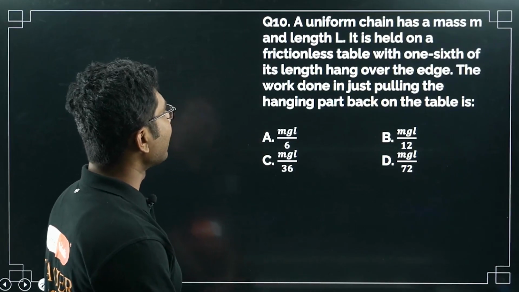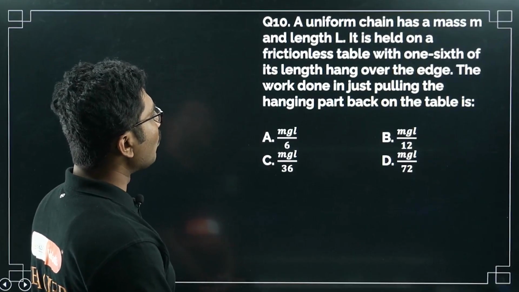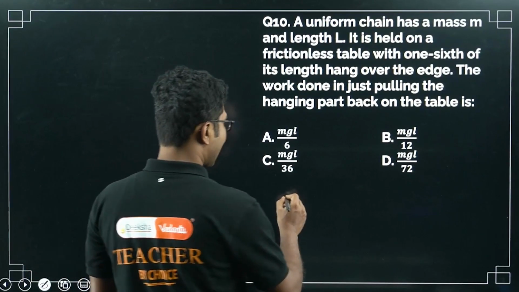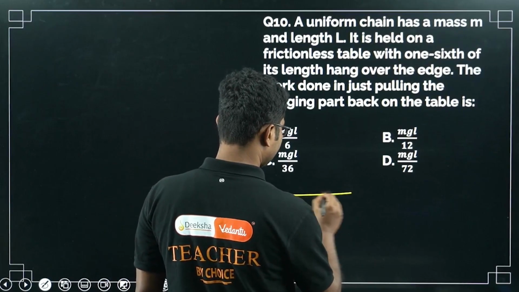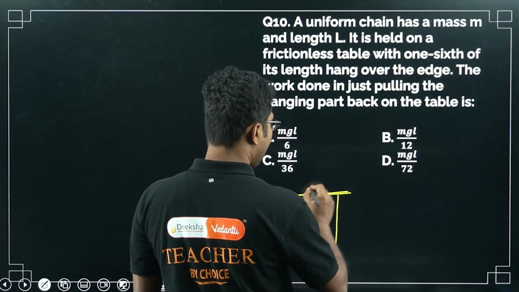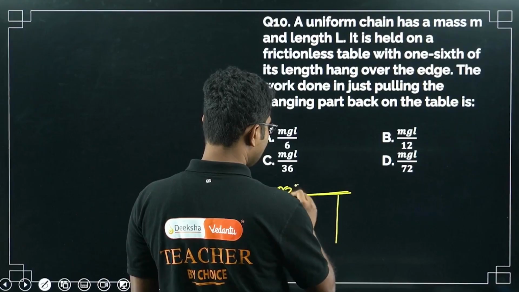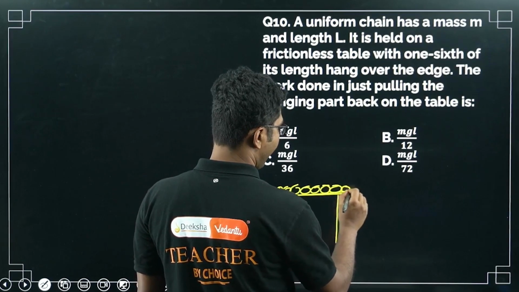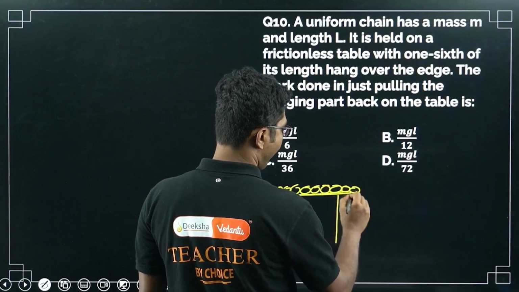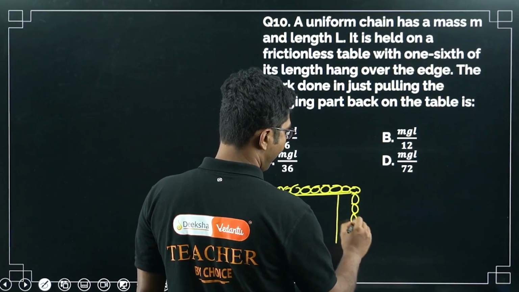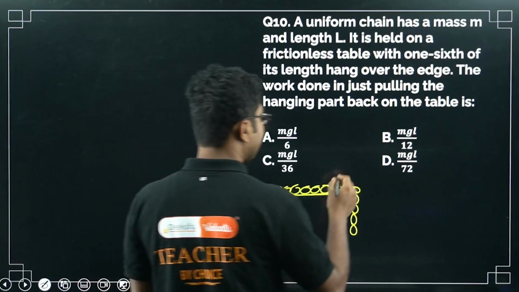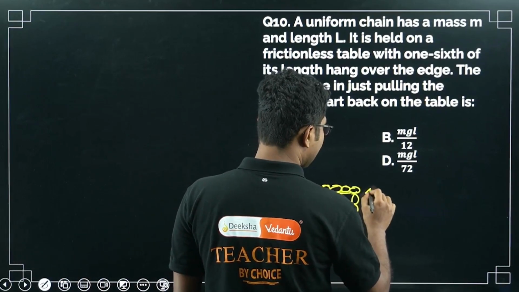It is held on a frictionless table with 1/6 of its length hanging over the edge. So we have a table here, and the chain is like this. If the entire length of the chain is L, then 1/6 L is hanging.